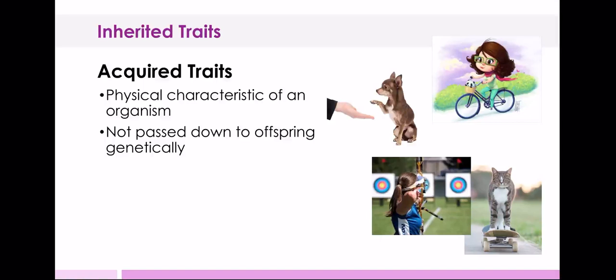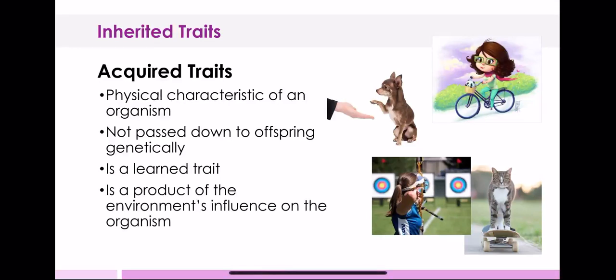You can't inherit an acquired trait. You have to learn a trait or a skill. If you'll look at the examples on the right, skateboarding, shooting a bow and arrow, riding a bike, you don't inherit those skills or those traits. You have to learn them. Those traits are a product of the environment's influence on an organism.